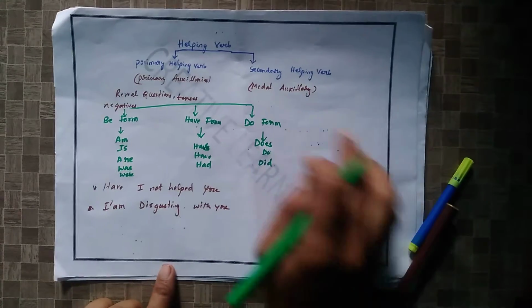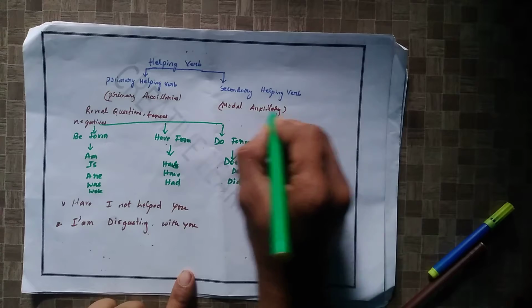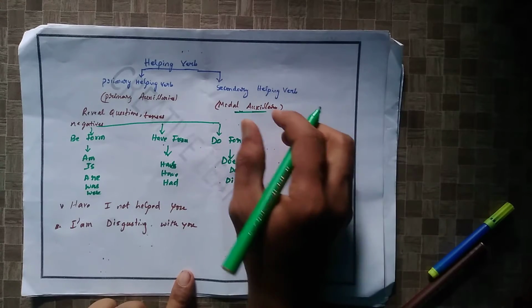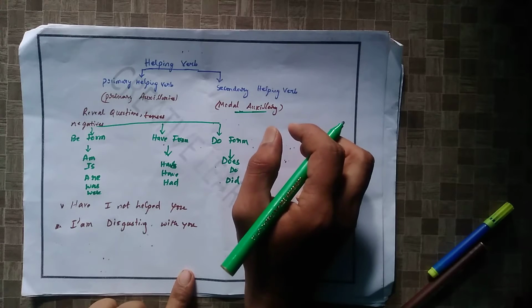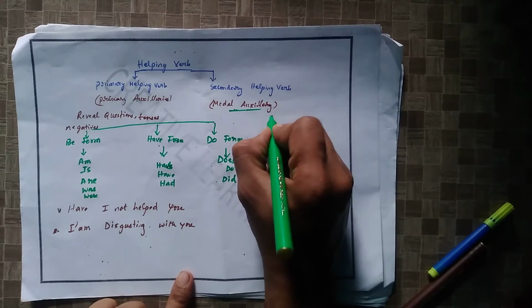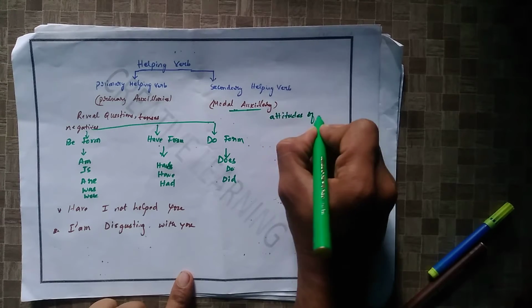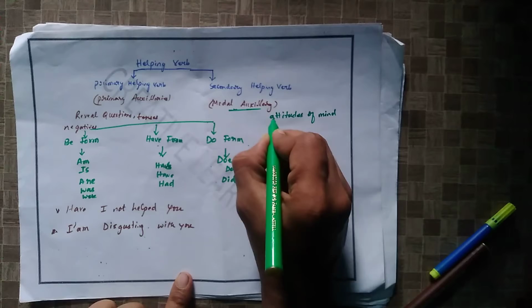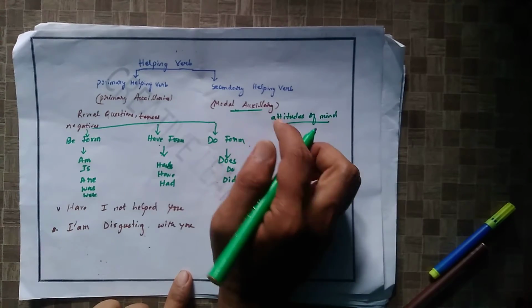Next, in secondary helping verb, first we have to understand what is modal auxiliary. Modal auxiliary are the verbs which are used to express different attitudes of mind. Different attitudes of mind are nothing but modal auxiliary.